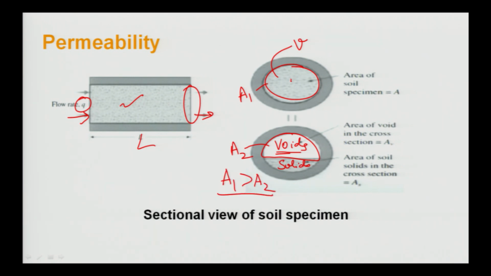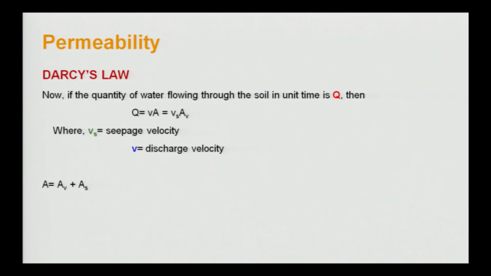By the continuity equation, V2 will be greater than V1, where V2 is the seepage velocity and V1 is the discharge velocity. So, this diagram makes clear how the seepage velocity is greater than the discharge velocity.